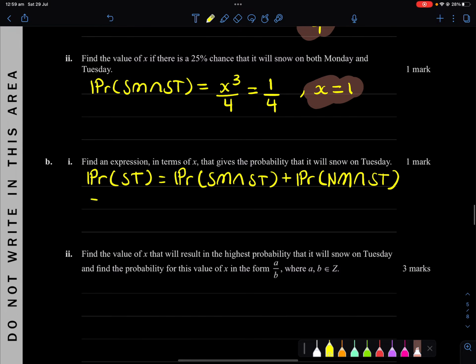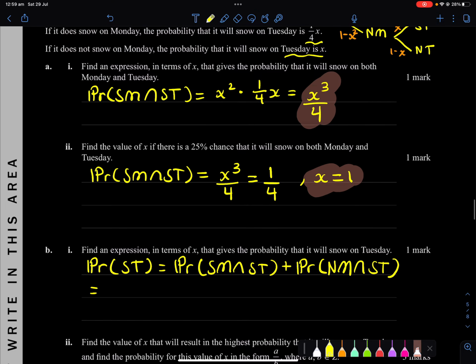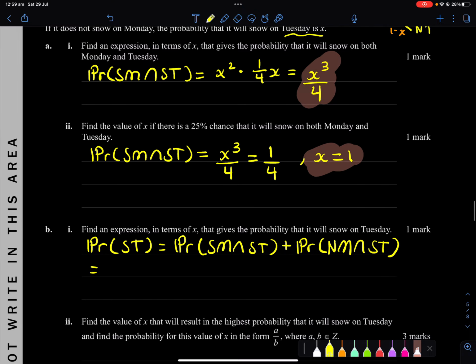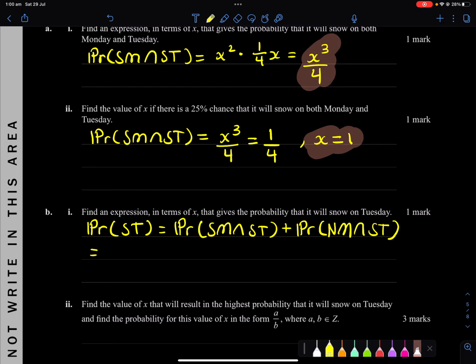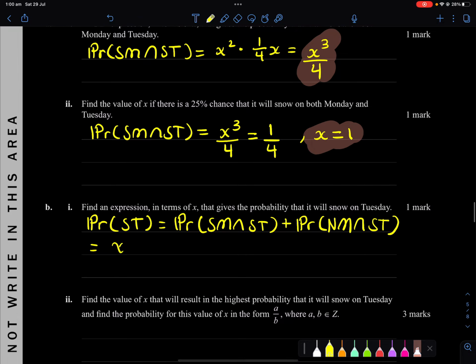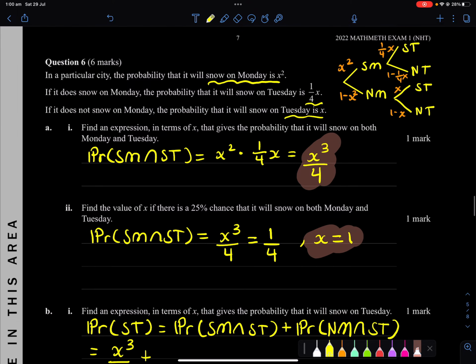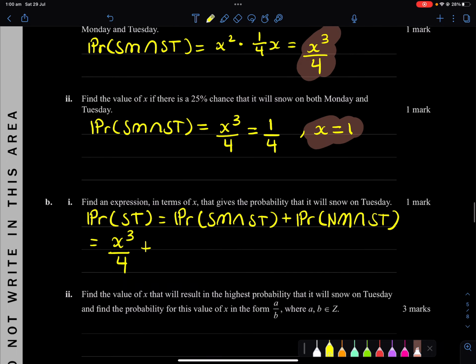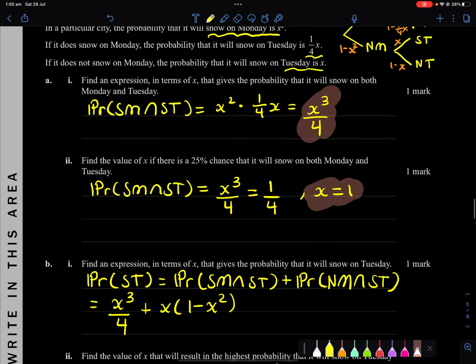We know SM and ST is x cubed over 4 from the last question, plus NM and ST, which is x times 1 minus x squared.